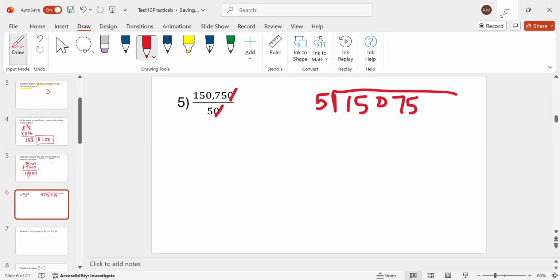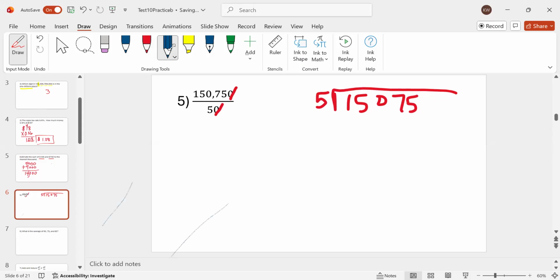All right, so doing the long division on this, 5 goes into 15 3 times. 3 times 5 is 15. Bring down the 0, so that's a 0.